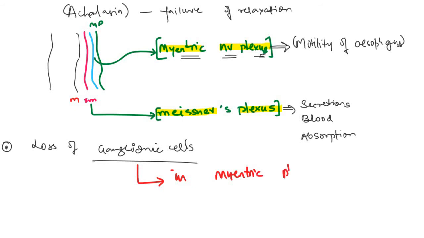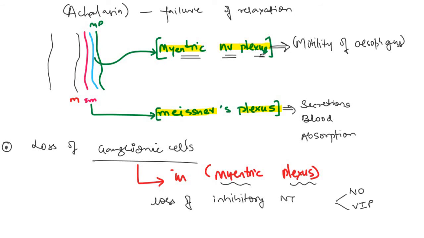As a result of the loss of ganglionic cells, there will be loss of inhibition. So there will be loss of inhibitory neurotransmitters like nitric oxide and VIP. Now you do not need to know the further pathophysiology.